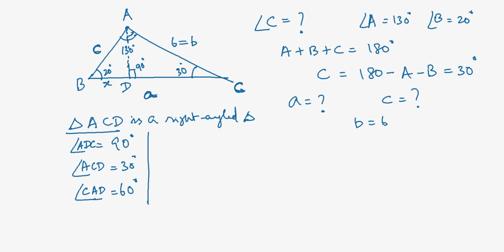Call this particular length x, so BD is equal to x. Then tell me what is CD or DC. Why? You know that BC is already A, and that is given in the problem. So it is A minus x.